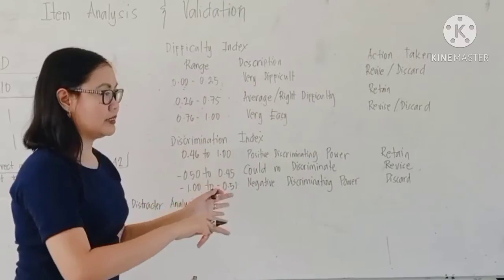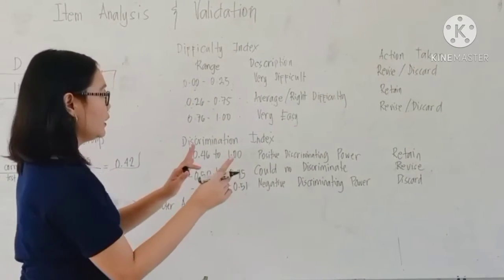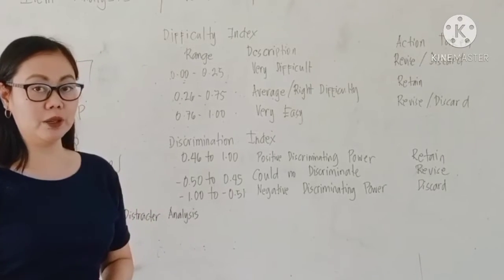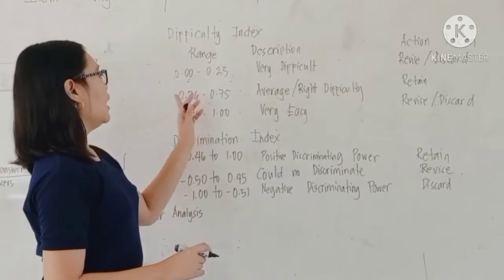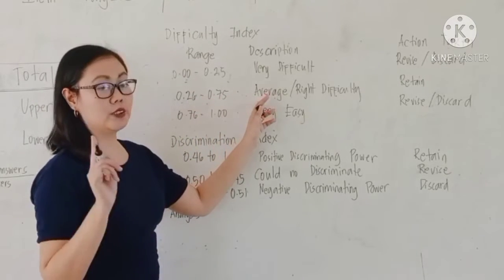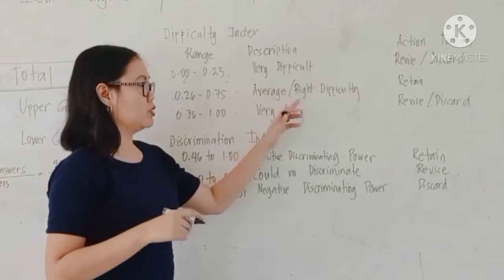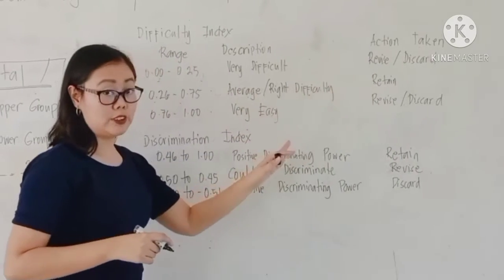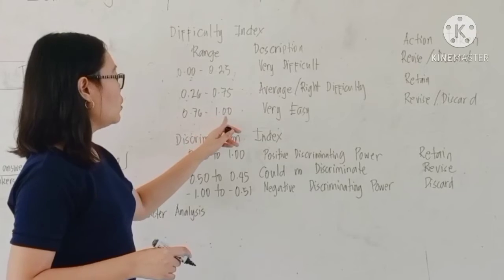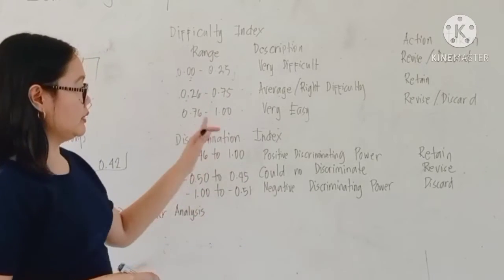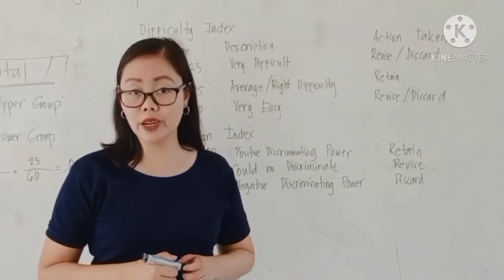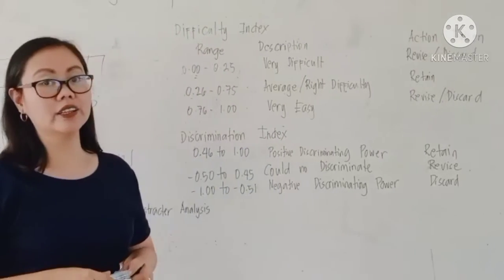Titignan natin kung ano yung tamang desisyon pag chinek natin yung discriminating power niya. Next, 0.26 to 0.75, that's average or the right difficulty. You have to retain the item if it falls there. Next, 0.76 to 1.00, that's a very easy item. It's the same thing. You just have to decide whether you're going to revise it or discard it.